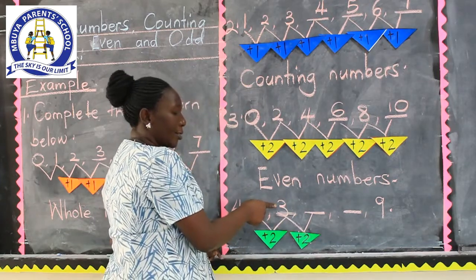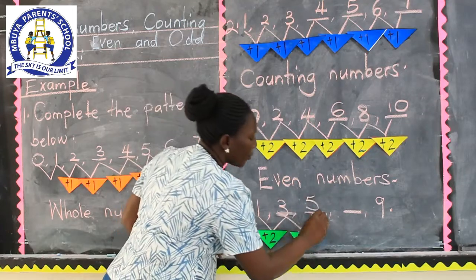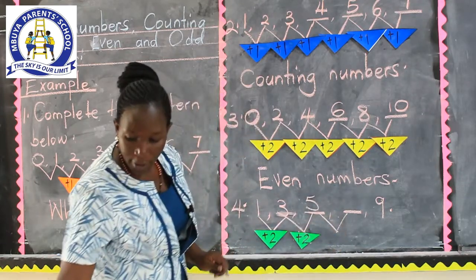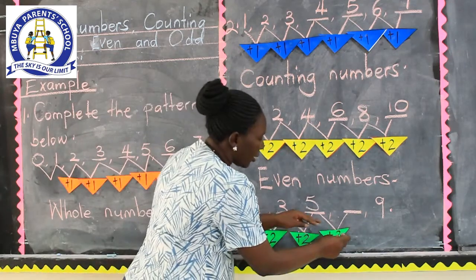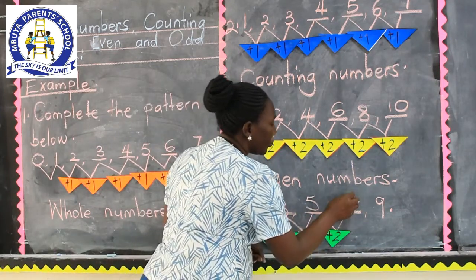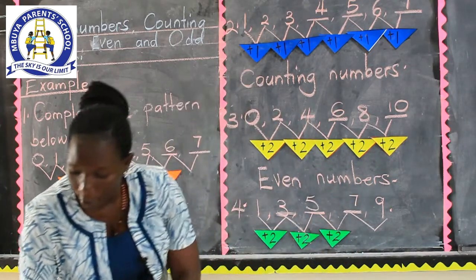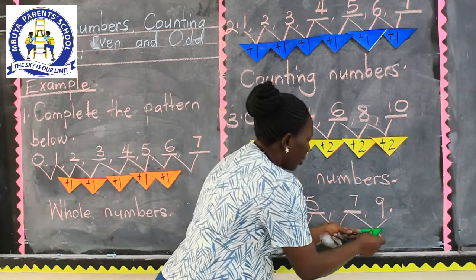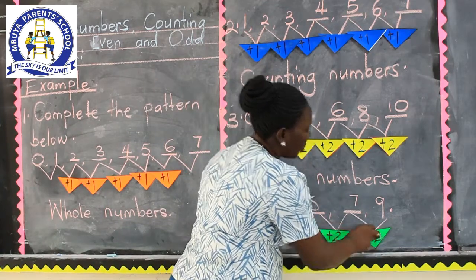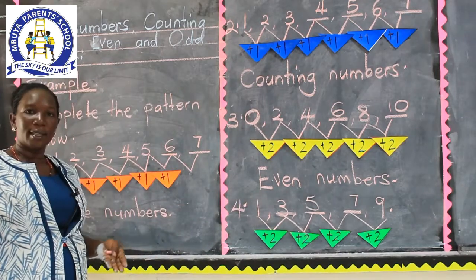We shall say plus 2. And 3 plus 2, we shall come to 5. Plus 2 there, 5 plus 2, we shall have 7. And 7 plus 2, we shall come to 9. So what type of numbers are they?